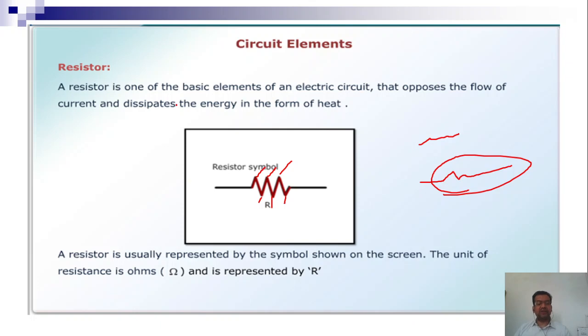The resistance is represented by the symbol with 3 peaks and 3 lows, and the unit is the ohm. We need to draw the ohm symbol like this. It is a Greek letter.